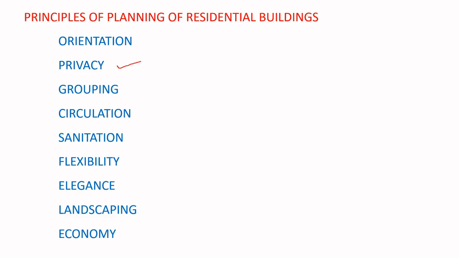So privacy, it can be of two kinds. One is privacy inside the house between two rooms. And the other privacy is privacy of the whole residential building from the highways or streets.